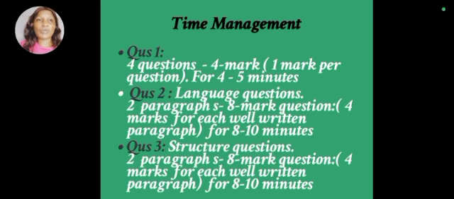For these 2 paragraphs, you have 8 marks, and you're expected to spend 8 to 10 minutes. Question number 3 is the structure question. Just like question number 2, you have 2 well-written paragraphs to write, 4 marks for each paragraph, and you are expected to spend 8 to 10 minutes for this question.